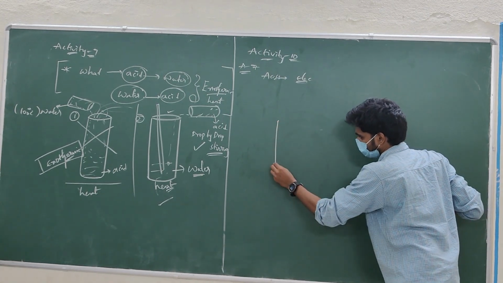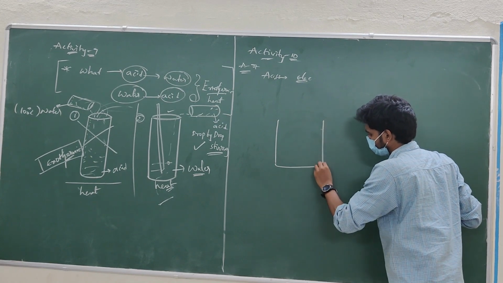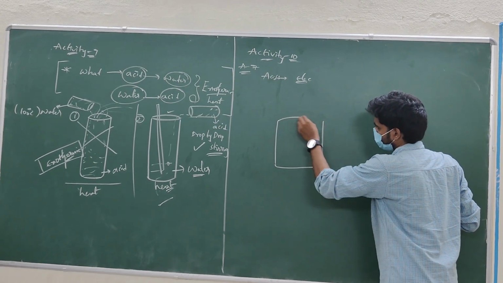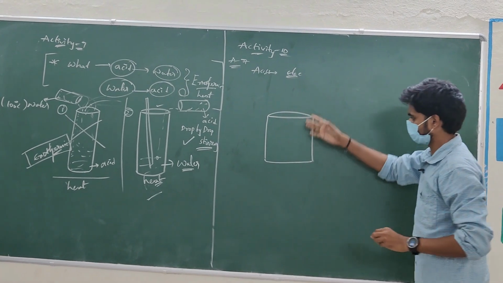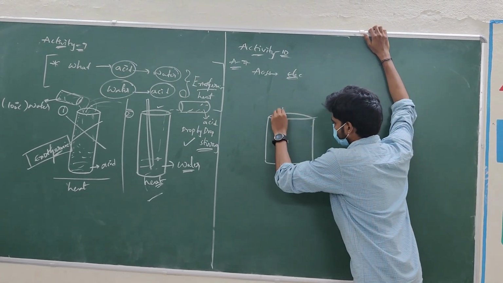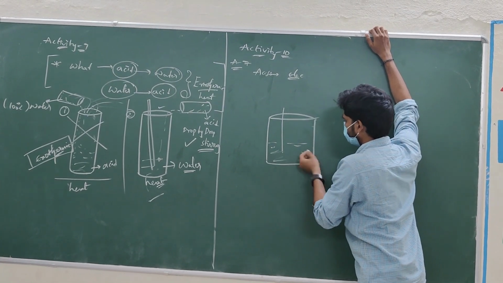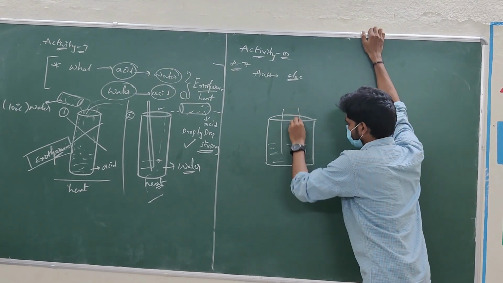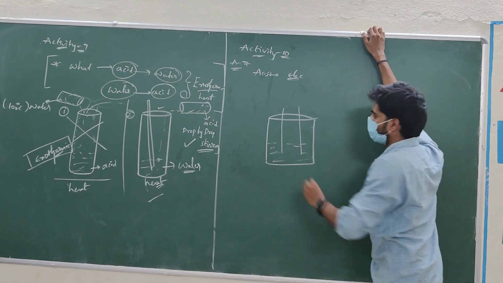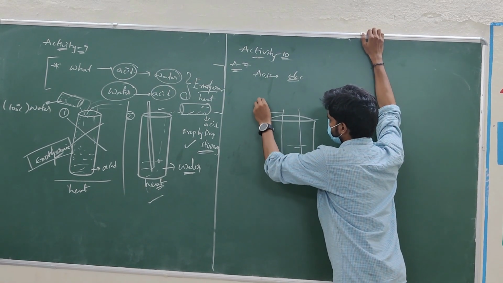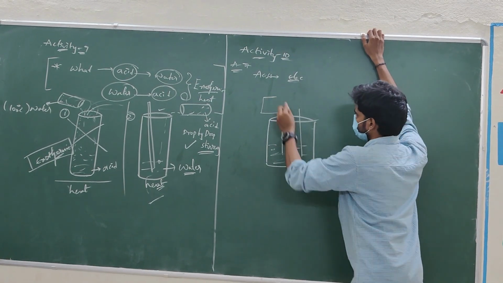So the thing is very simple. You need to take a beaker. Wonderful. We consider this is a beaker. And inside this beaker we'll take some amount of substances here. We'll deal with the substances later. We need to take 2 copper rods, and 1 copper rod gets linked with the wire.